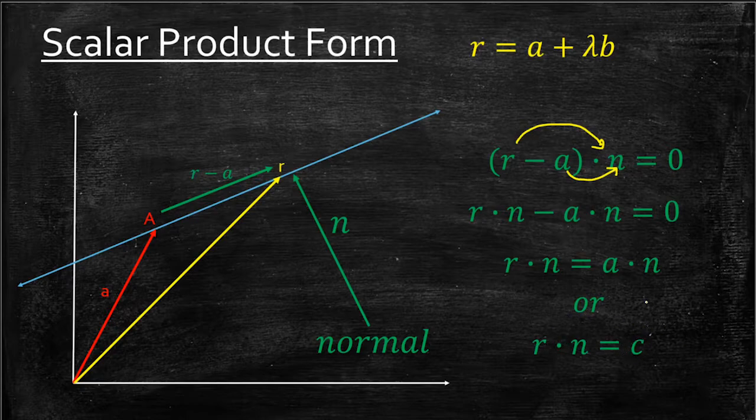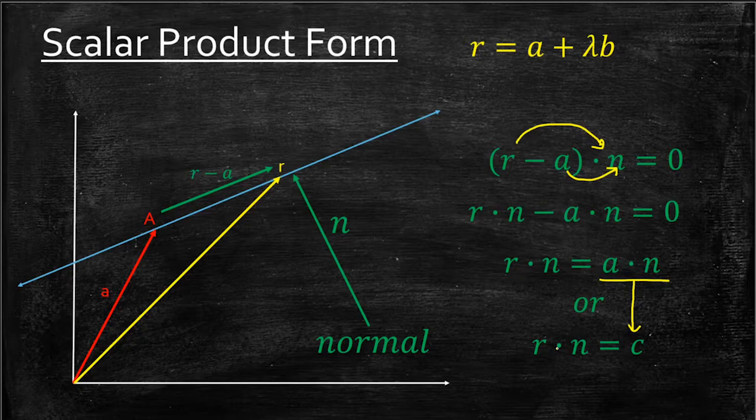The reason we can write it as c is because we know what the point A is. It's given. I've given you point A, and we know what the normal vector is going to be. So r dot n is going to equal a dot n, and we know that the dot product only gives us scalars. That's why it's called the scalar product and the dot product. It'll give us a scalar value, and I'm just saying that scalar value, the result of the a dot n, I'm just going to write that as the scalar c down there.